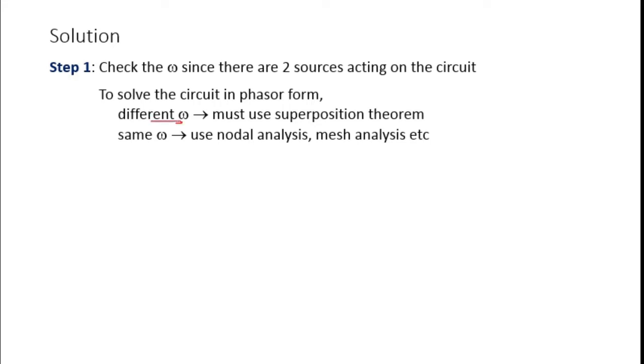If we have a different omega, in this case you must use superposition theorem to solve the problem. Whereas if you have the same omega, then you can use any method that is suitable, or the one that is easier for you to get the solution.